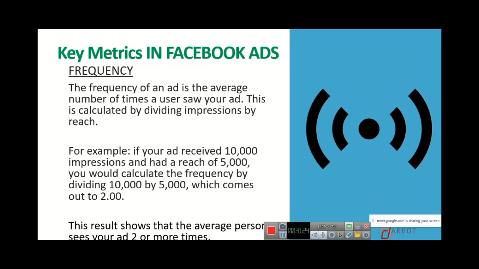So 5,000 people saw your ad 10,000 times, and dividing the impressions by the number of people gives 2.0.